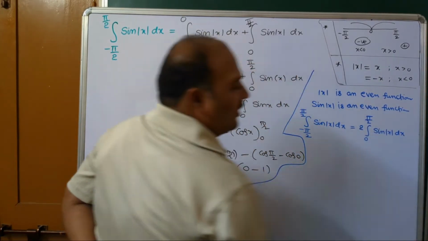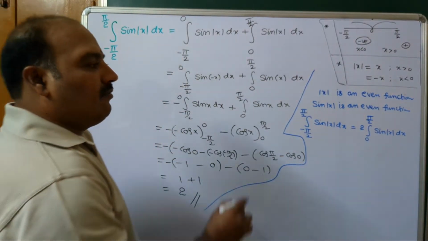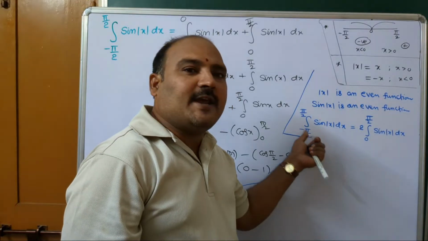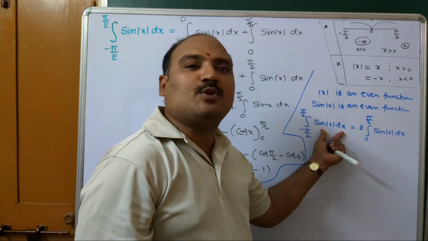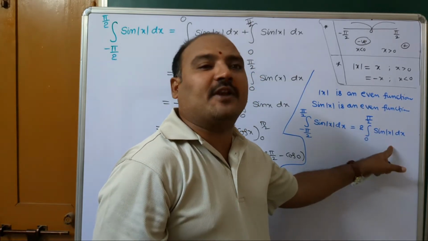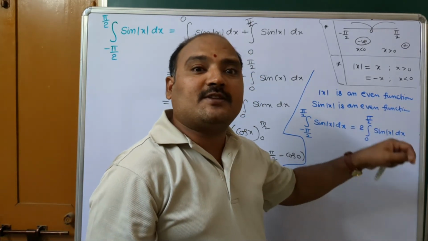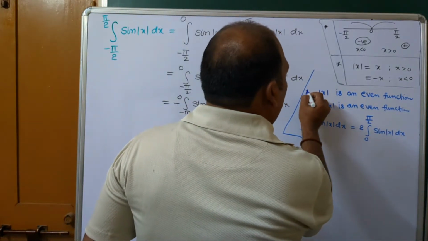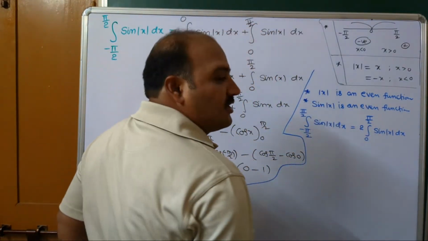I hope you understand. Here we have to apply the formula: integral minus a to a of f of x dx equals 2 times integral 0 to a of f of x, when f of x is an even function. So here also the case is even. That is the reason we are writing, dear students.